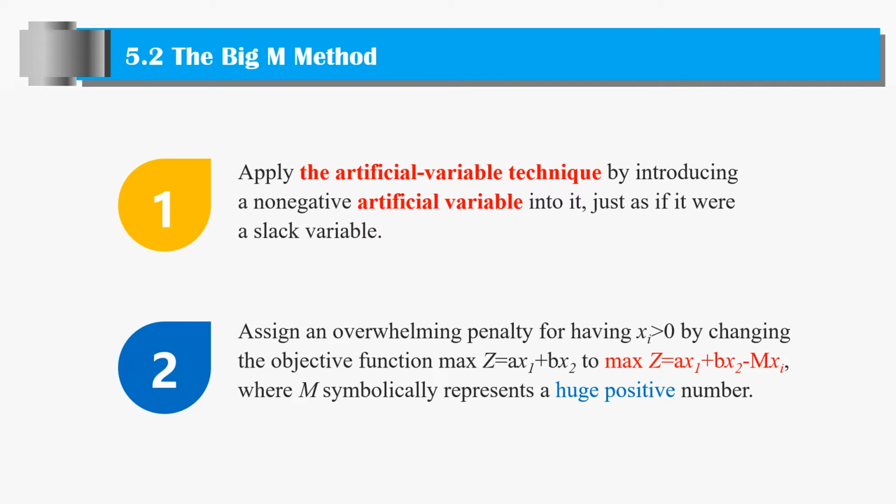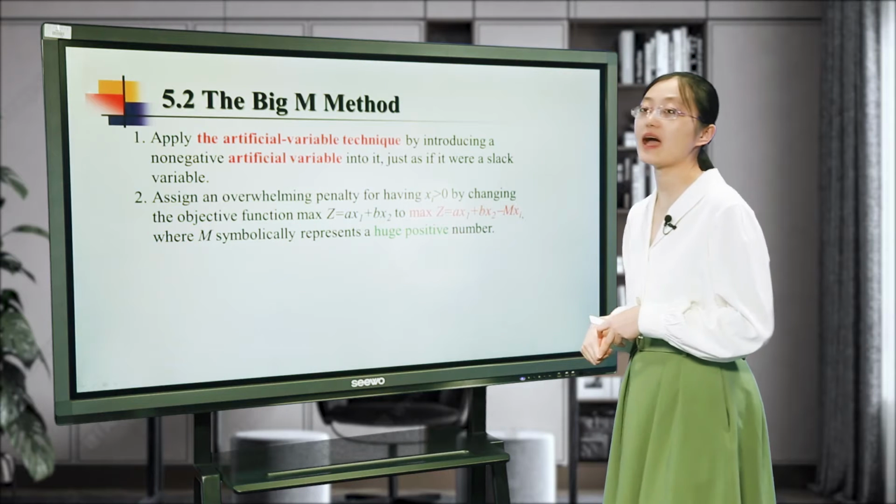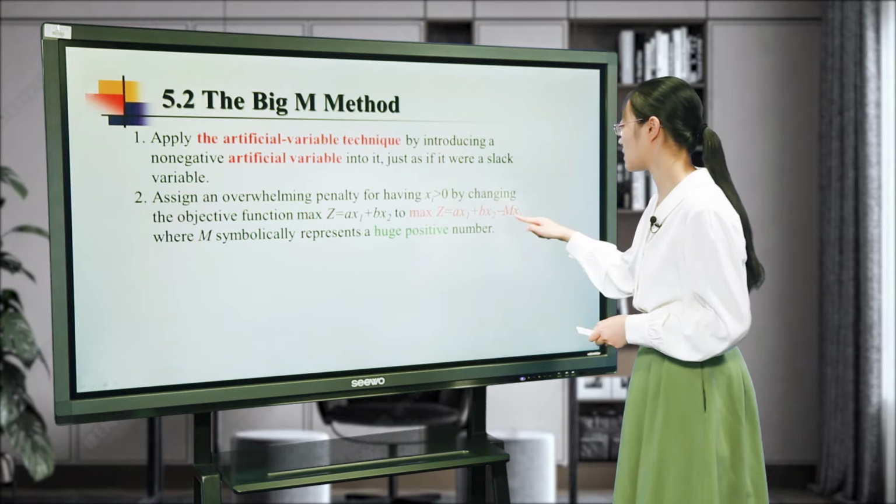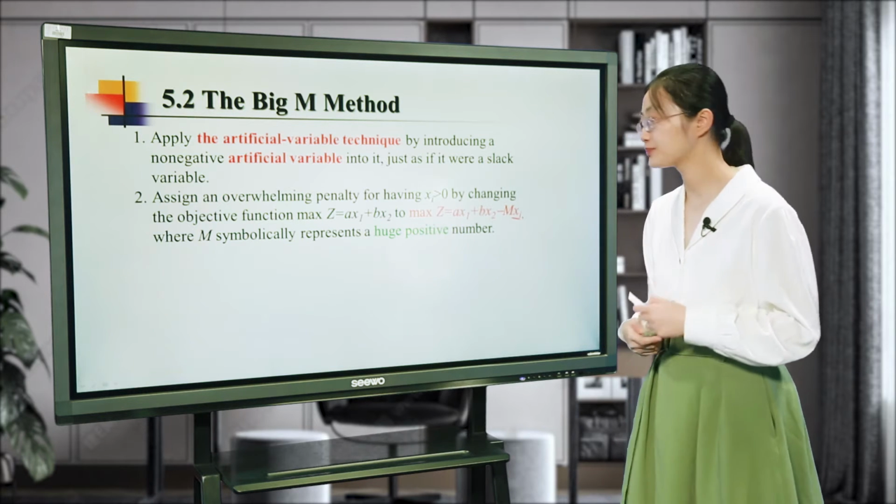M symbolically represents a very huge positive number, so that in order to obtain the maximum value of z, we force xi to be 0.